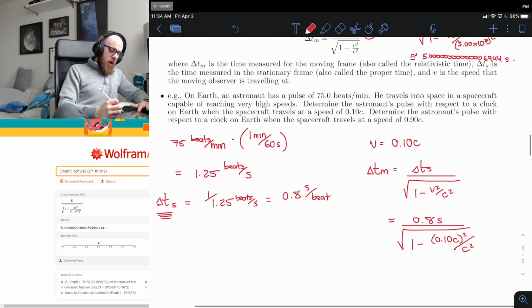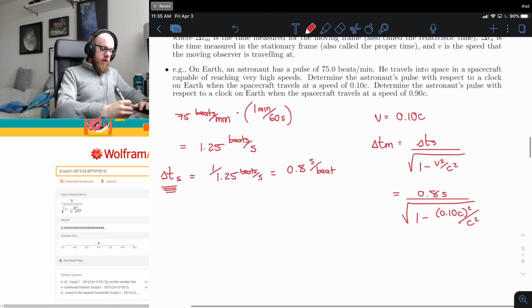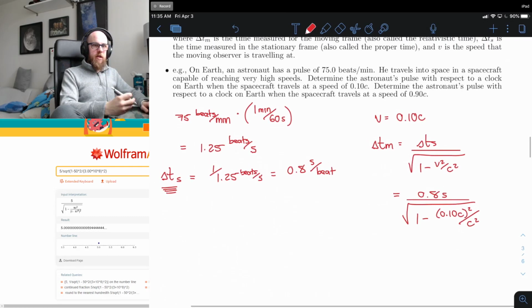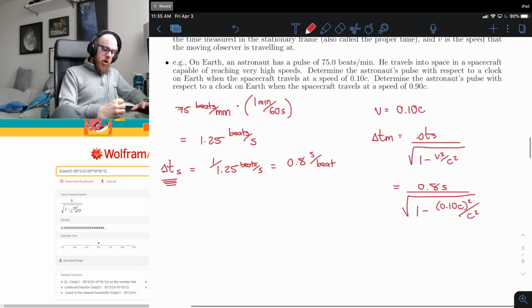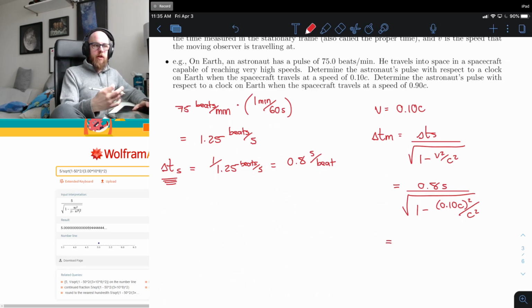Okay. And now what you're noticing in this question, and what becomes pretty common in other homework problems, is that usually the speed that's given to us is some fraction or some decimal of c. So what we can actually do is expand this out and just cancel out the c's. It'll just make our calculations a little bit cleaner, right? So let me show you what I mean by that.